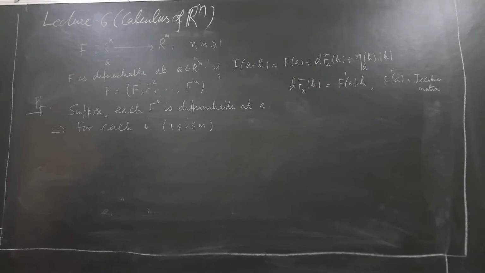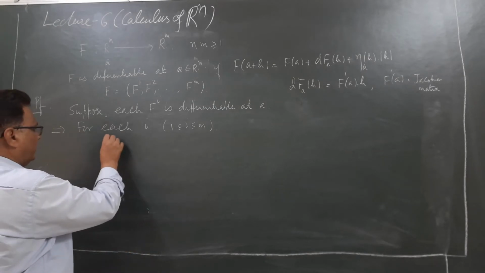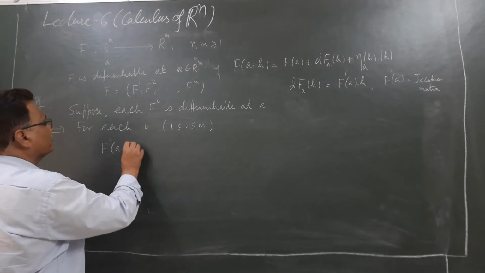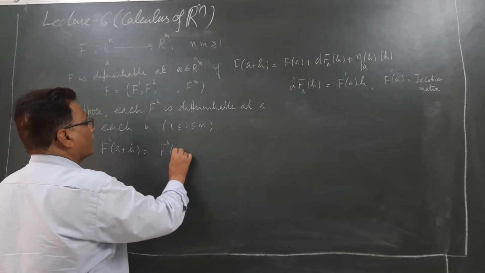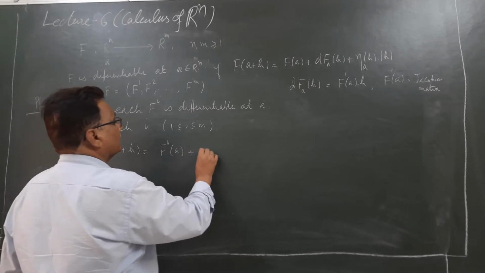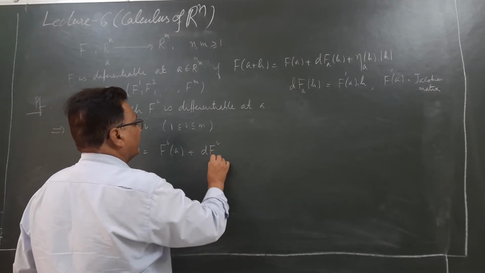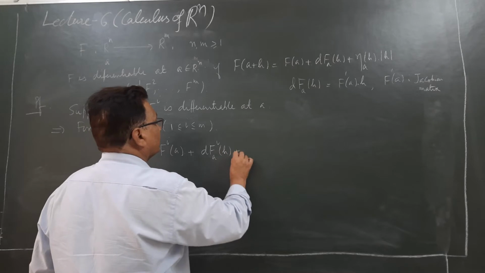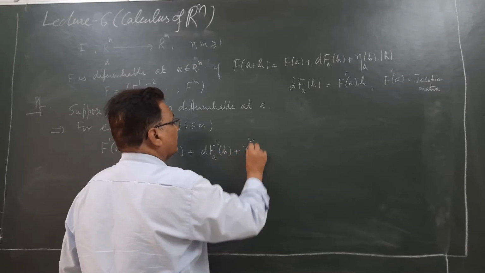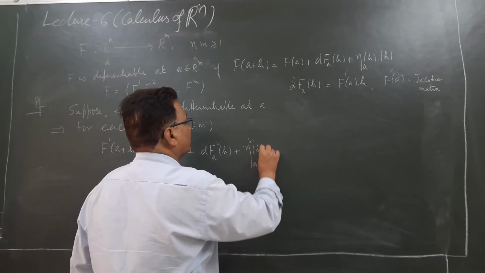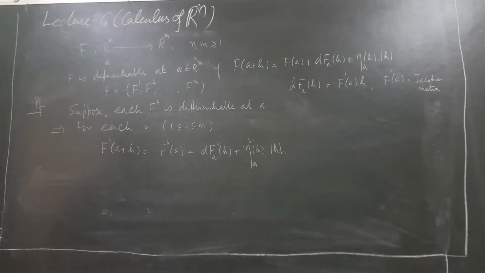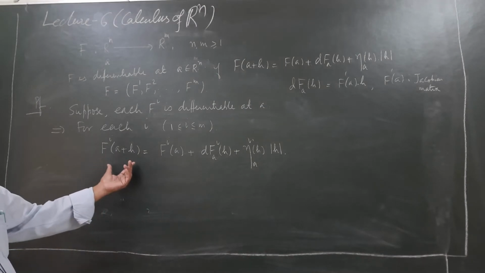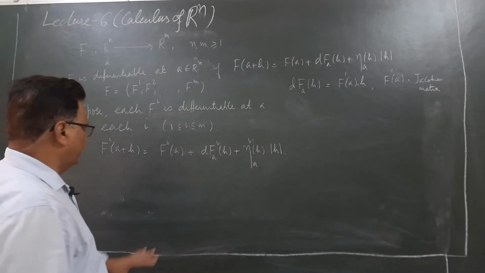For each i, fi of a plus h will be given by fi of a plus dfi at a operating on h plus some eta i at a operating on h multiplied by modulus of h. Is it right? So this is available to me for each component function fi.